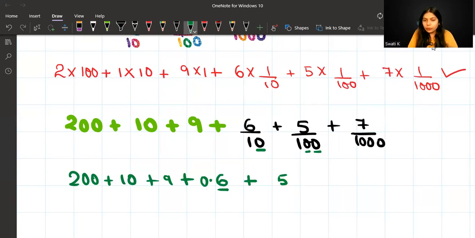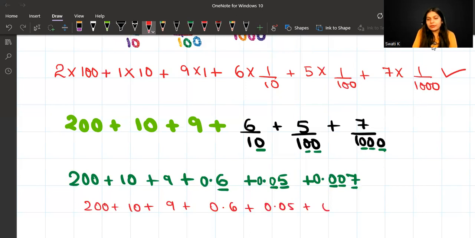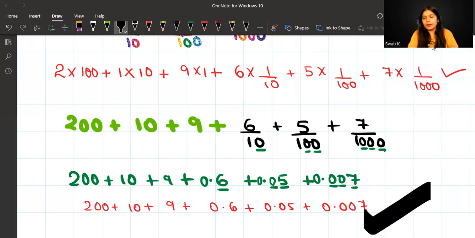From the right side, 1, 2, and then give a point. Here you put a 0, and then 5. Then 7: count the number of zeros, 1, 2, 3. From the right side, 1, 2, 3, give a decimal, and put 0 and 0 here. So the final answer is 200 plus 10 plus 9 plus 0.6 plus 0.05 plus 0.007. This is how we can write down the expanded form.